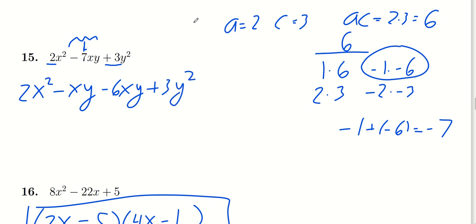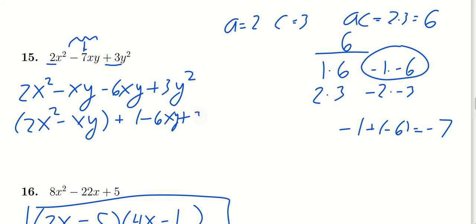Okay. So we split it up. We now have 4 terms. We're going to do factor by grouping. Out of the first grouping, we can factor out x. We will have a 2x minus y.